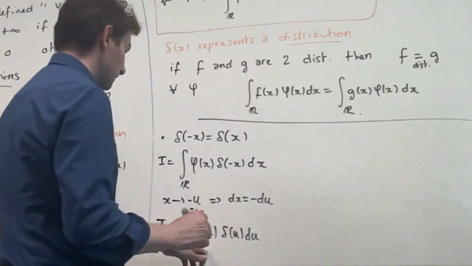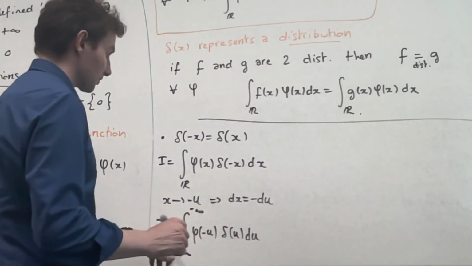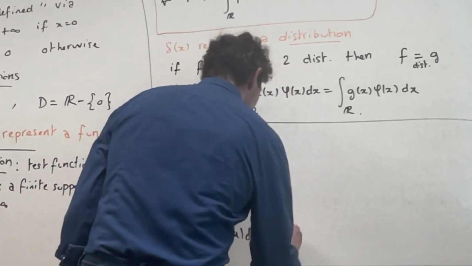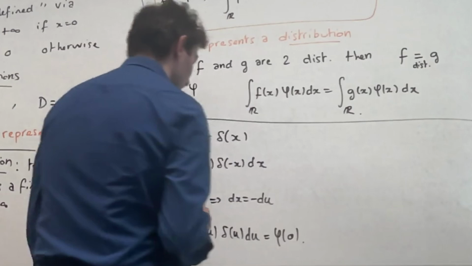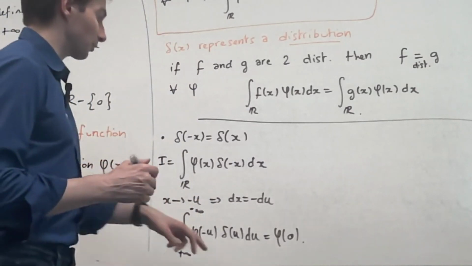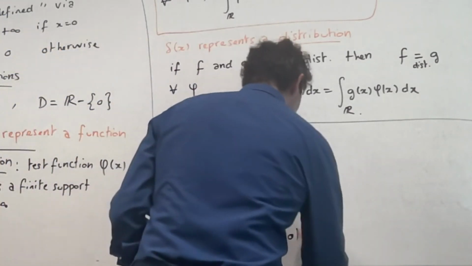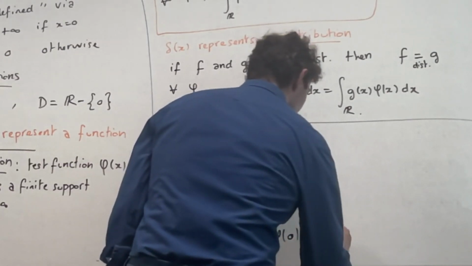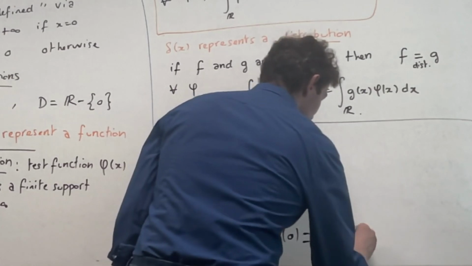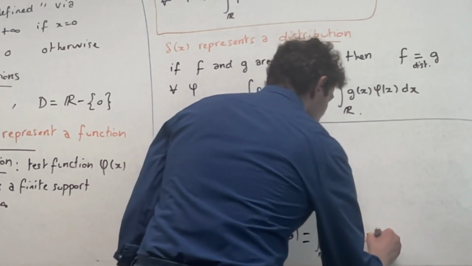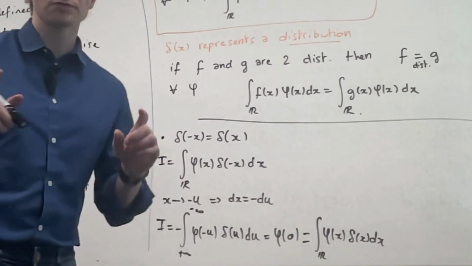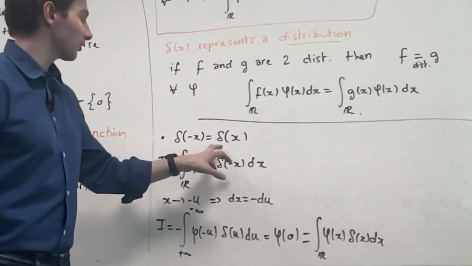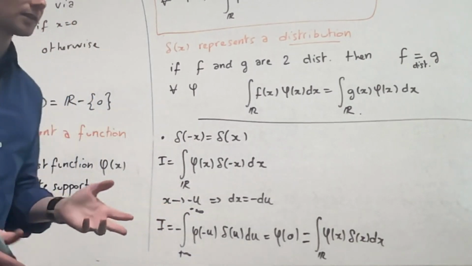Okay, and basically the plus infinity minus is going to give a plus, and the delta u is going to return phi of 0. Okay, but basically phi of 0, I know that this is equal to the integral over the reals of phi of x delta of x dx, and this is true for any test function phi, and therefore we've got that delta of minus x is equal to delta of x.